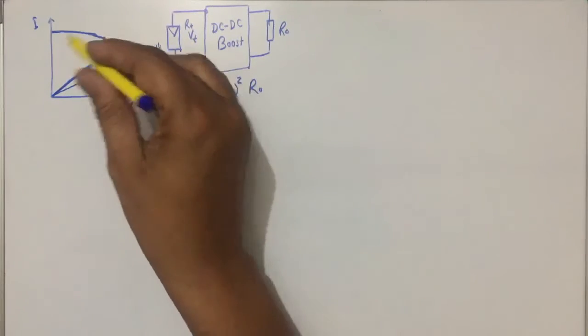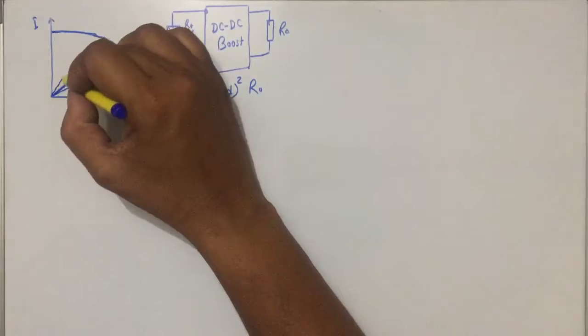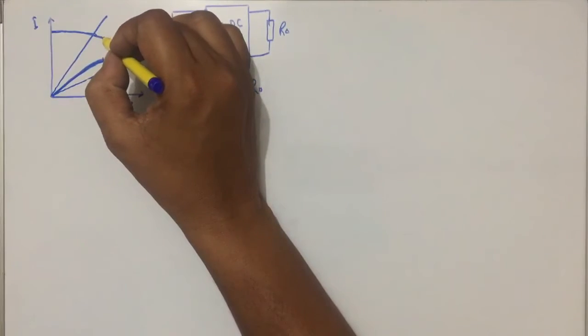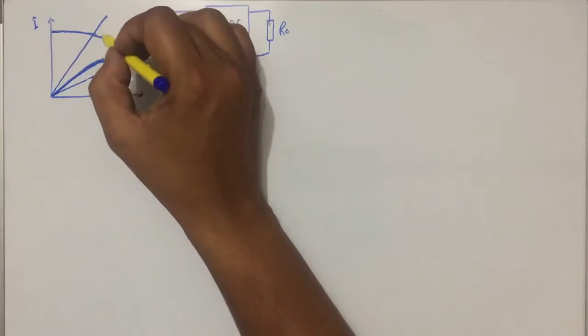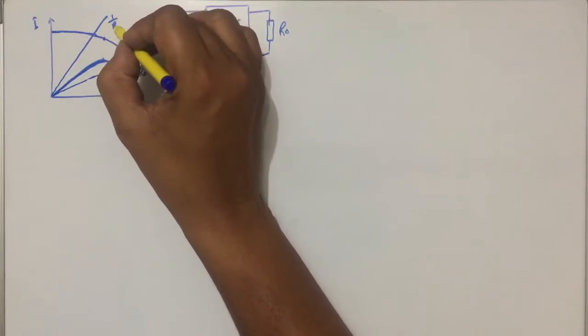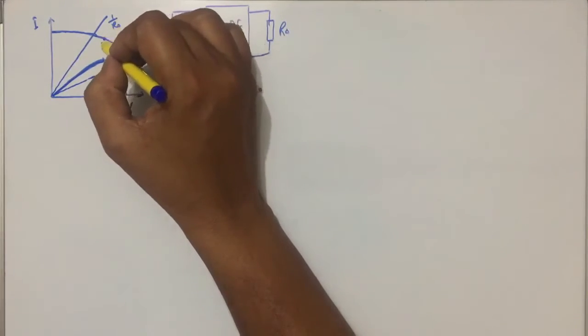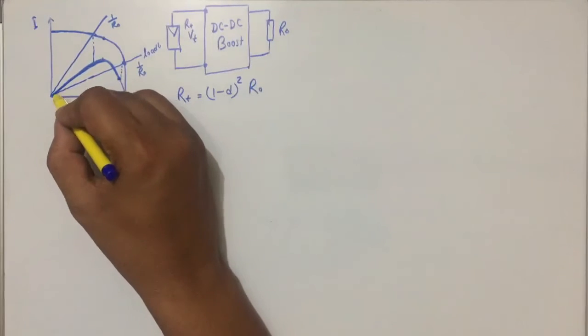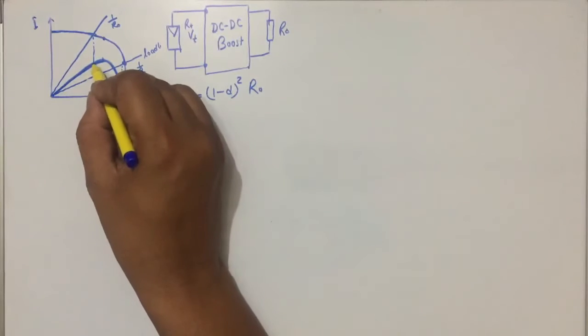But if 1 by R0, the load connected, the load line lies below this, before this, R naught, then the range of power that can be extracted is from here to here.